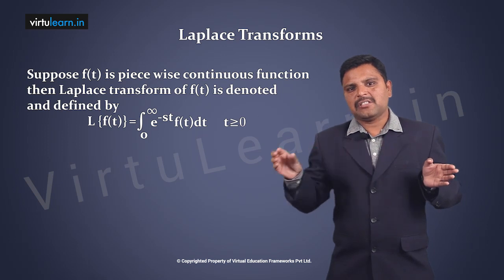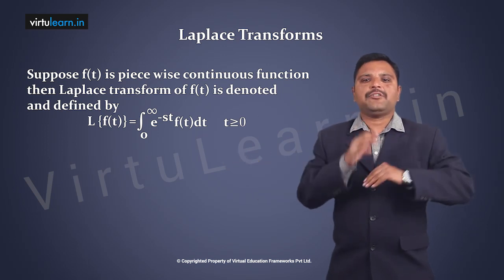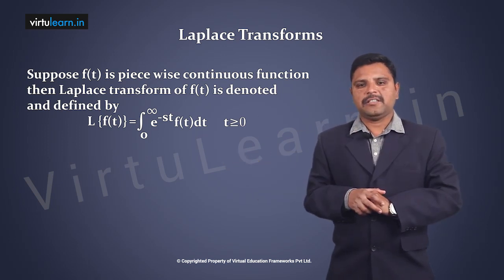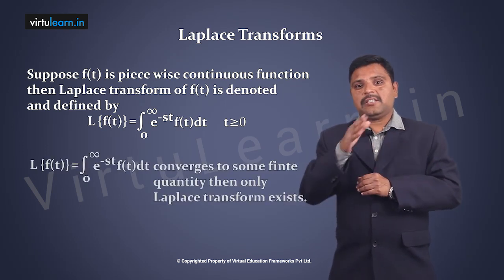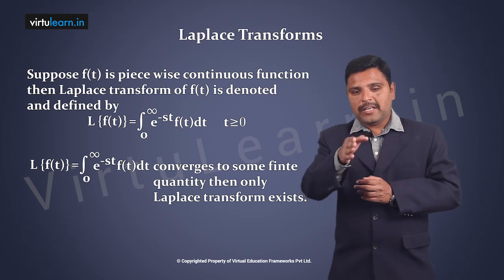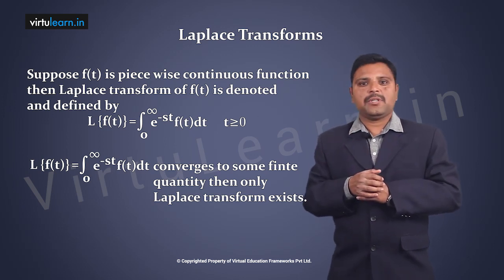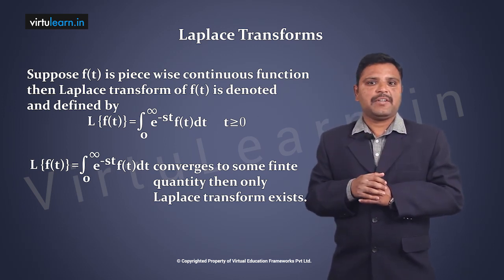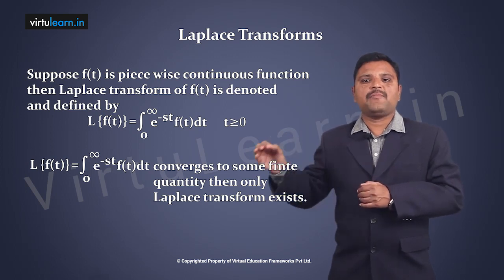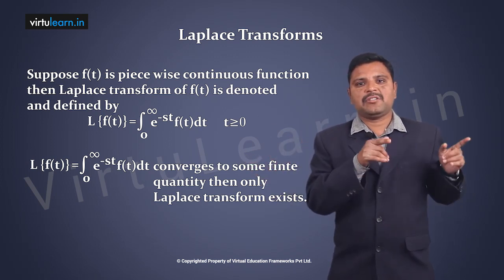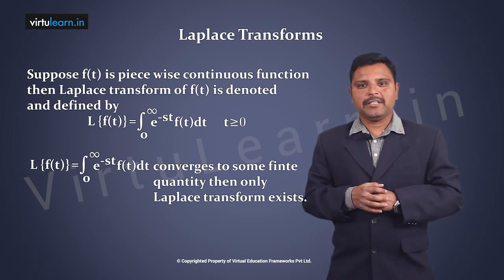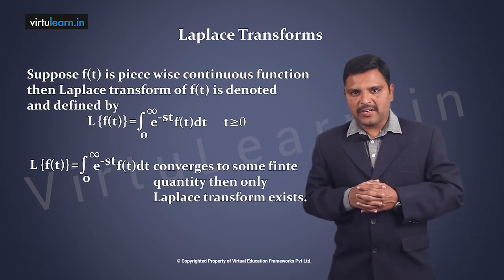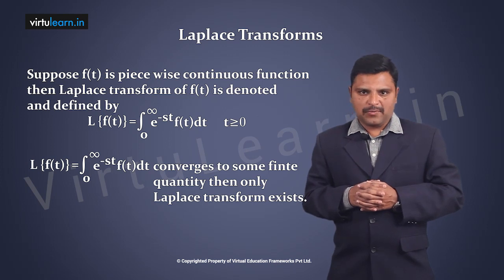And for the Laplace transform of f of t, the integral 0 to infinity e power minus st f of t dt must converge to some finite quantity. Then only the Laplace transform exists, otherwise it does not exist. This is the basic definition of the Laplace transform.